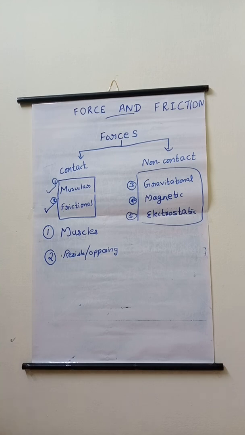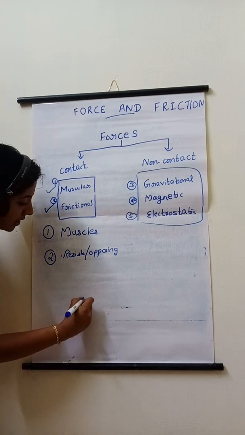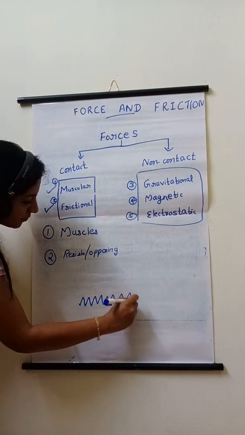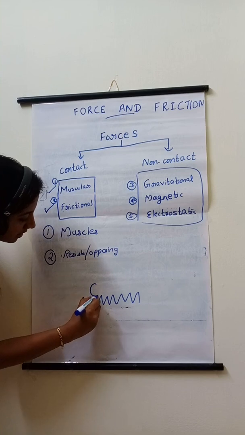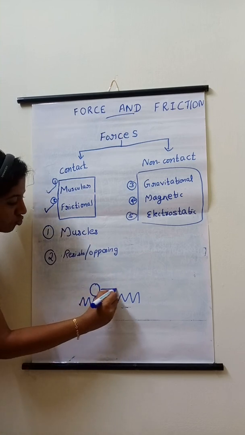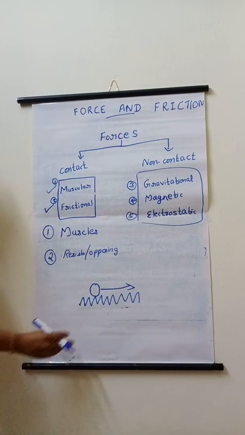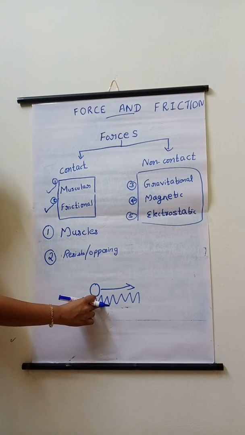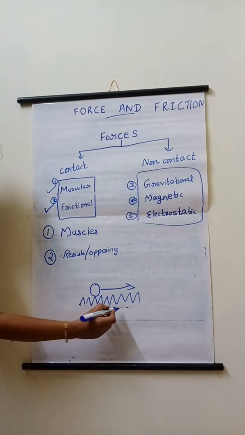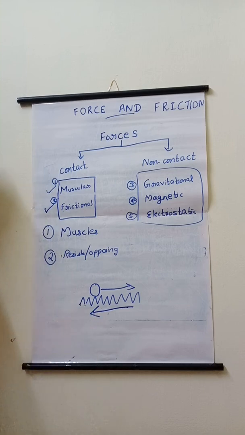Consider this as a surface. Now one object, let's consider a ball, is trying to move in this direction. So this surface will produce a resisting or opposing force in the opposite direction.